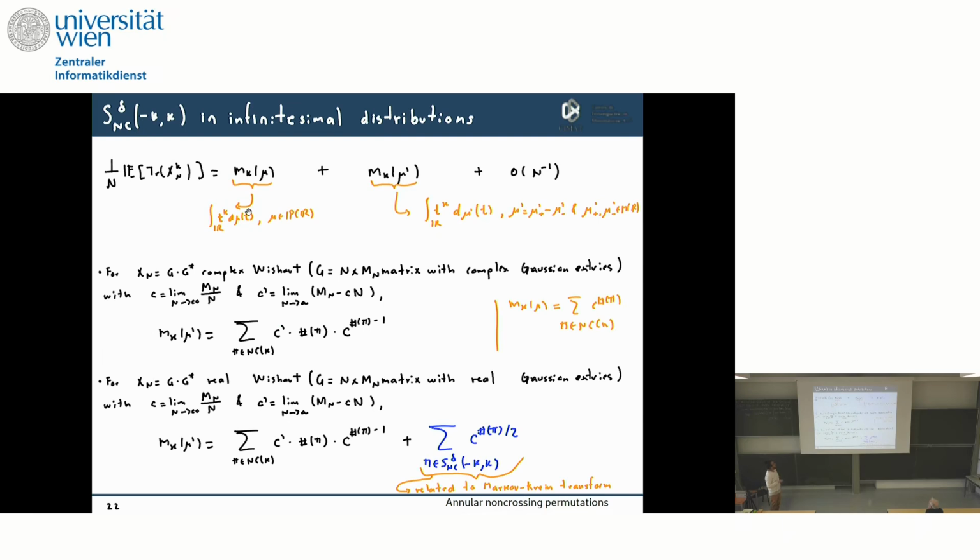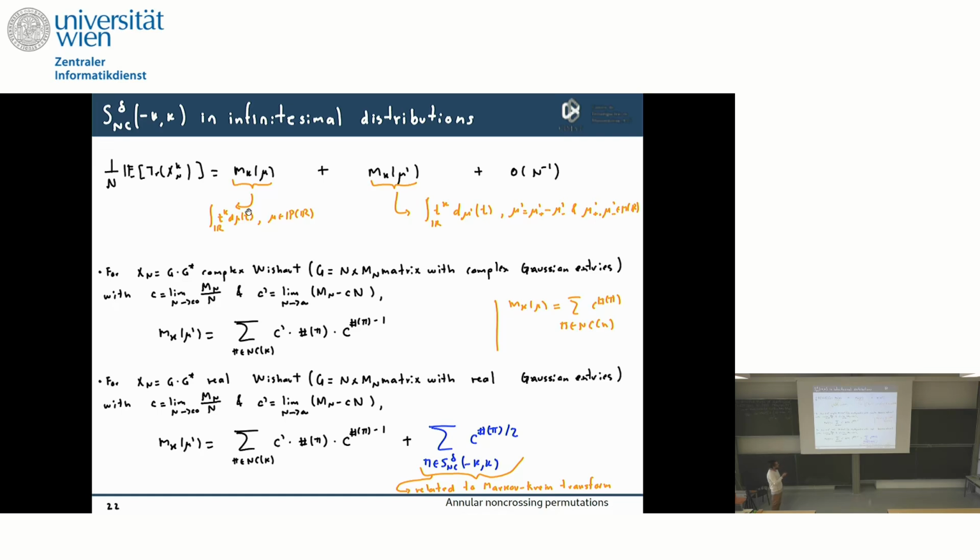Another case where this shows up is in the Wishart. Well, no, not in the complex Wishart. The complex Wishart is just the product of two rectangular n by m_n matrices with complex Gaussian entries. There are some assumptions on the rate at which the size of this rectangular matrix grows, but essentially you can compute the infinitesimal moments.